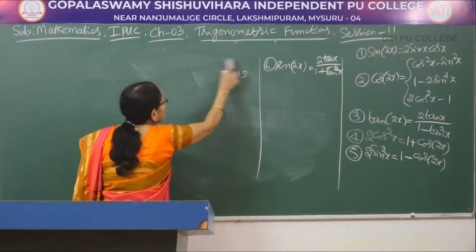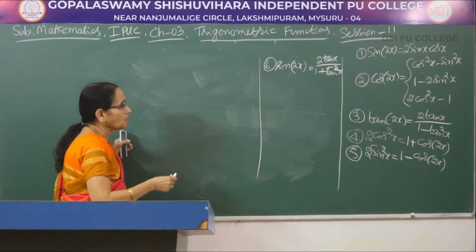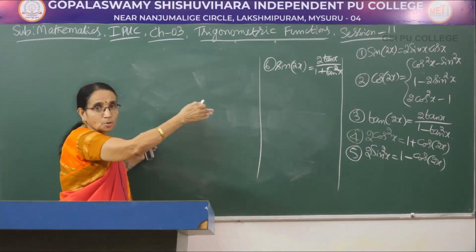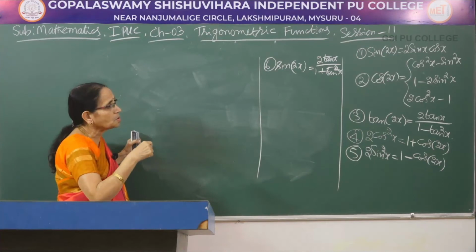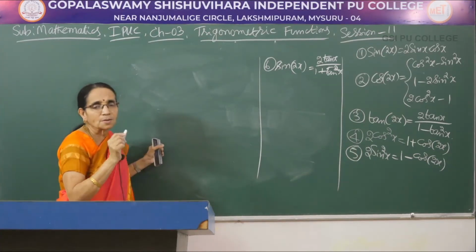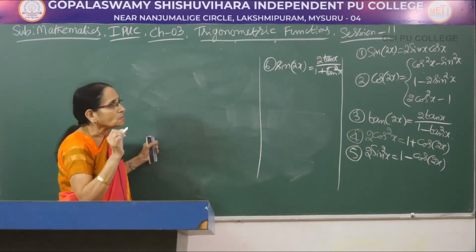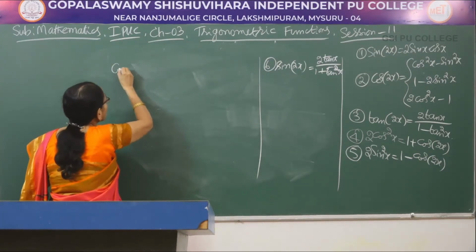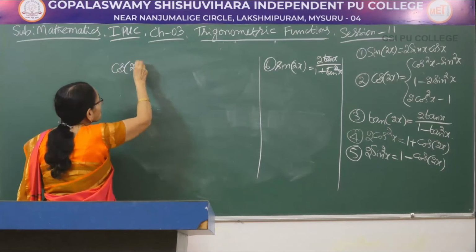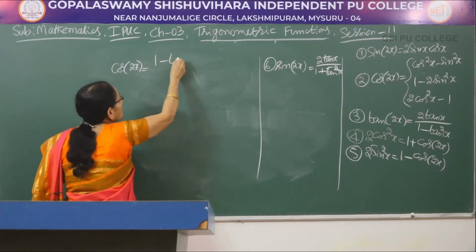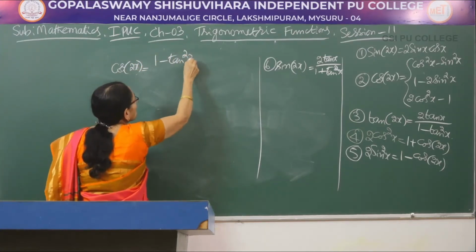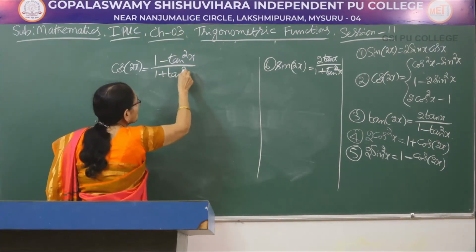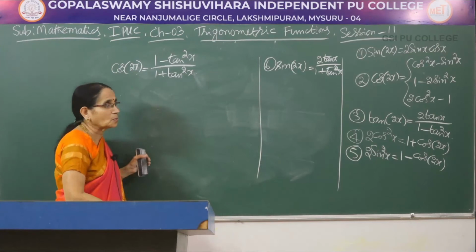Now let me consider one more formula. Apart from the 3 expansions, I am going to derive one more in which cos of 2x is expressed in terms of only the tangent function. The formula is like this. Prove that cos of 2x equals 1 minus tan square x divided by 1 plus tan square x.